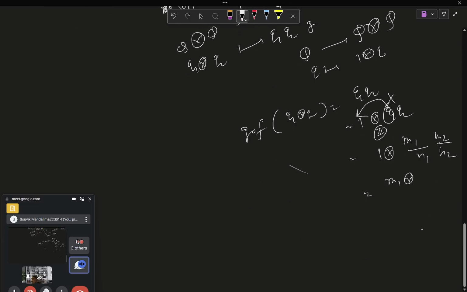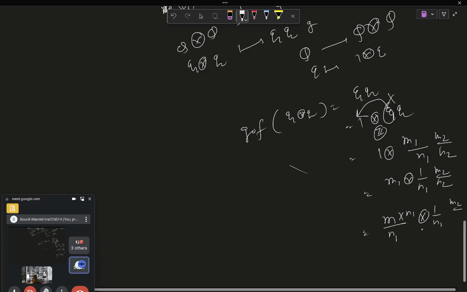So m1 by n1 tensor m2 by n2 can be written as m1 by n1 into n1 tensor 1 by n1 m2 by n2.